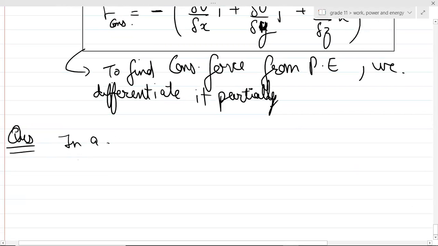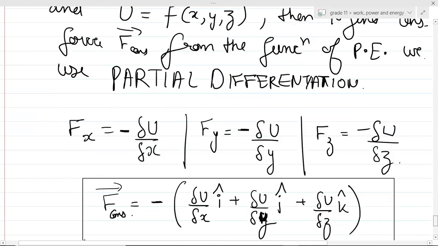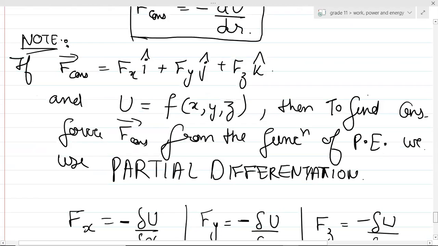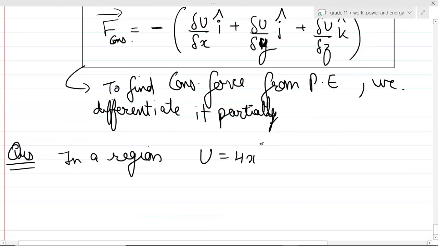In a region, the potential energy is given as a function of, what was the function? I deleted it: 4x cube plus 3y square z. Suppose. Can you see there is x also involved, y also involved, and z also involved, and different powers are also there.